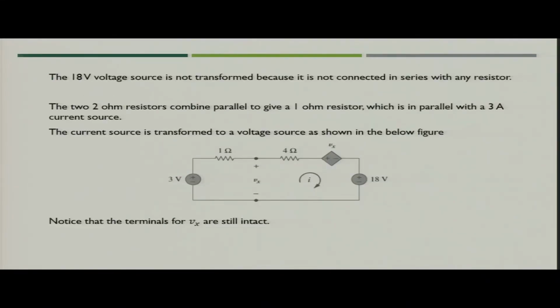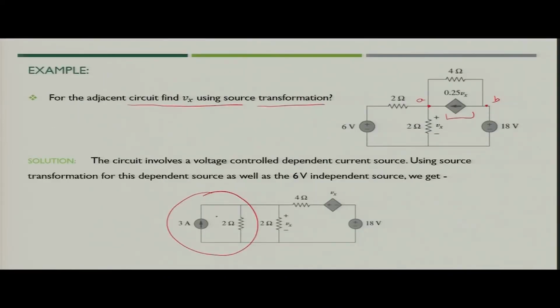So, what do we get? We get 3 volt in series with 1 ohm, because it is 3 ampere in parallel with R in parallel. If you club both of them, the voltage will not change, because these two are sharing the same voltage, voltage across 2 ohm, voltage across 2 ohm, so the voltage will remain the same even if you club both of them.